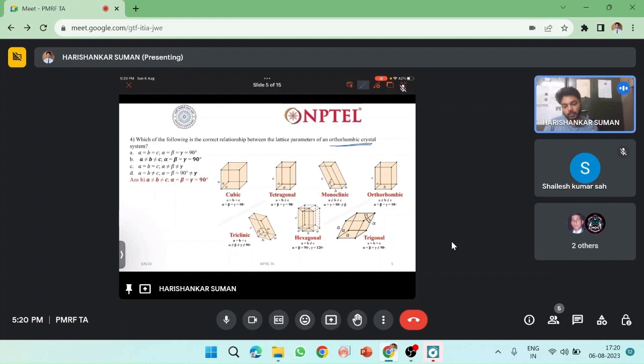What is the formula of d spacing? The relation between a, b, c and h, k, l. Shailesh, please answer the question. It's just a simple formula.